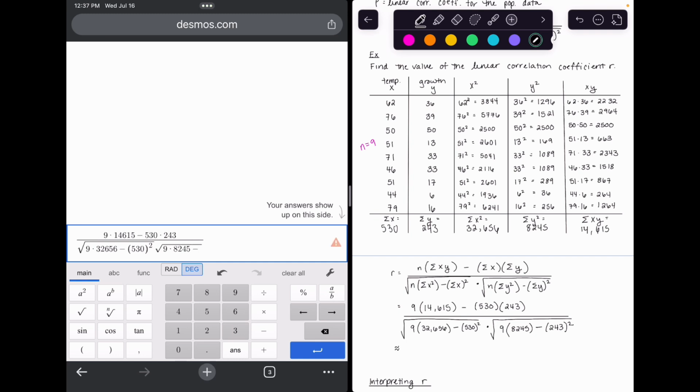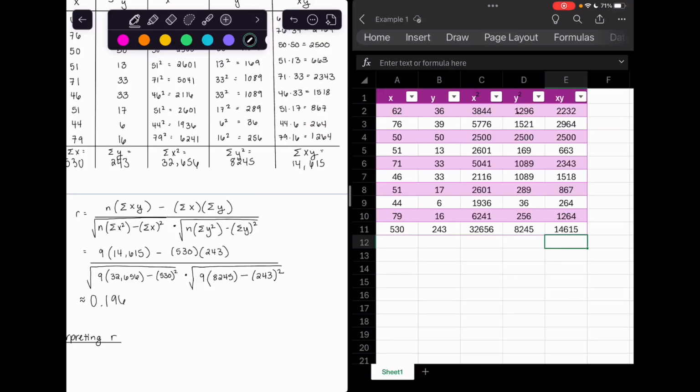And then we want to subtract 243 to the second. So this gives us a value of r rounded to 3 decimal places of about 0.196. Doing that by hand is a lot of work.